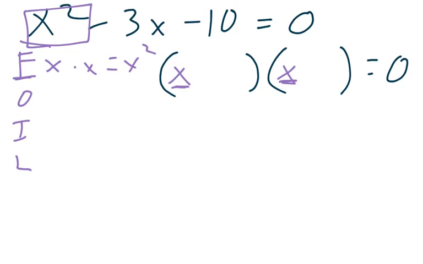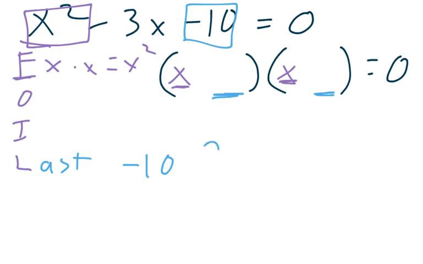Now we're going to look at our last term, which is this negative 10. So to get negative 10, we are multiplying this number, whatever it is, times this number. And so let's think about the number 10. We can multiply 2 times 5, or we can multiply 10 times 1.